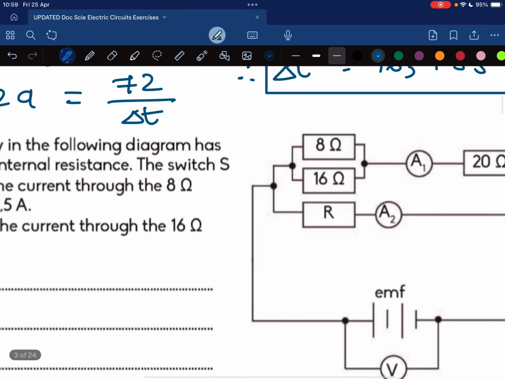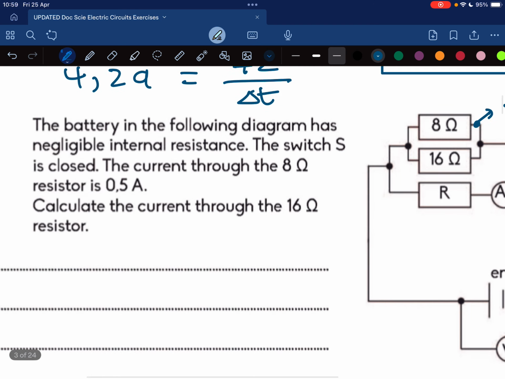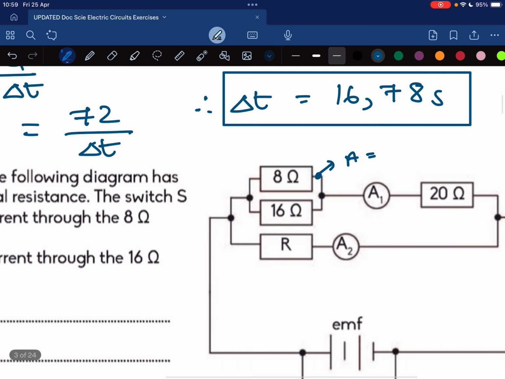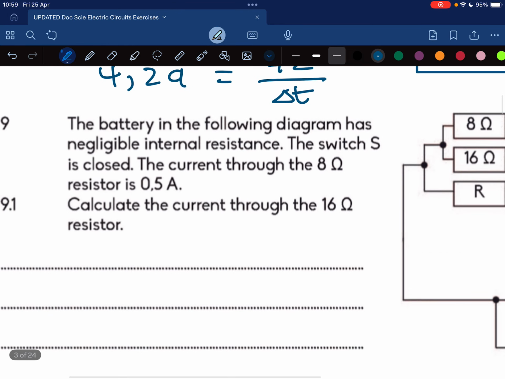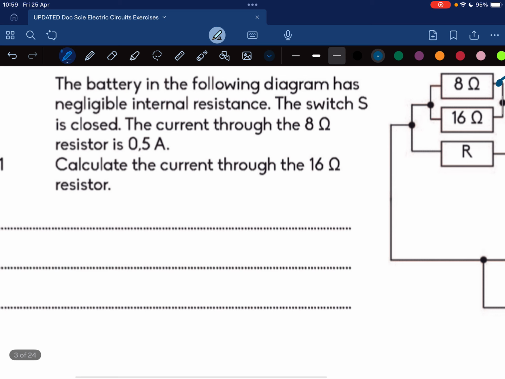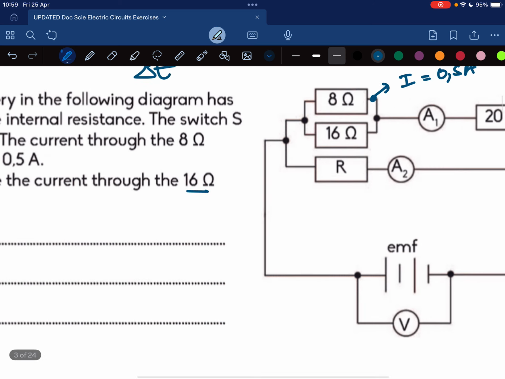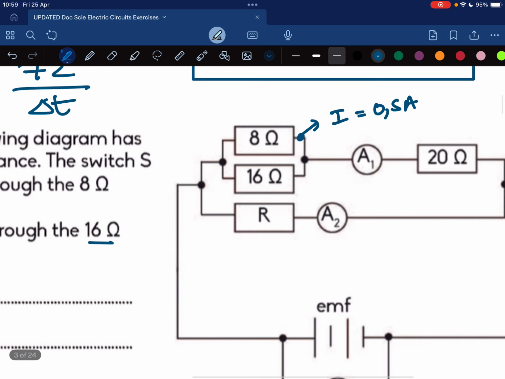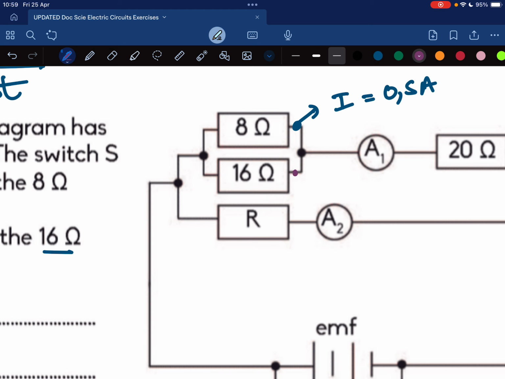So they told you information, but it wasn't in there, so we'll just make a note here that the current going through here is 0.5 amps. So it says calculate the current through the 16 ohm resistor. So it wants to know the current that flows here by the 16 ohm resistor.